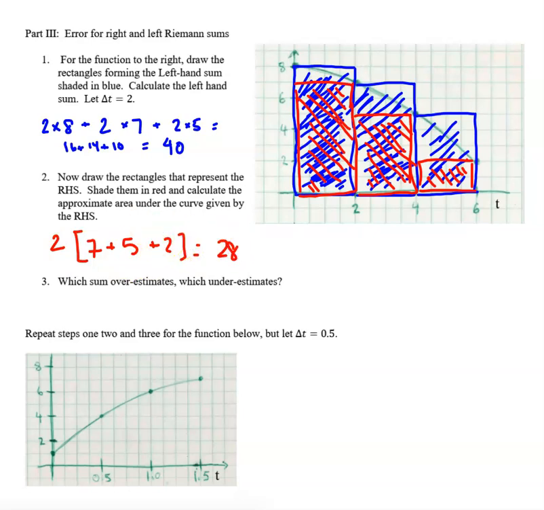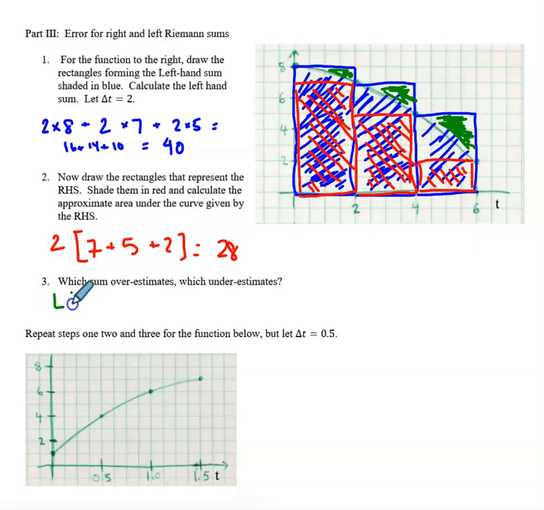So the next question that we're asking here is which underestimates and which overestimates between the left and the right-hand sum? Well, the left-hand sum, in blue, has these regions that are above the curve, which I'm shading in green, and should not be included in our area.